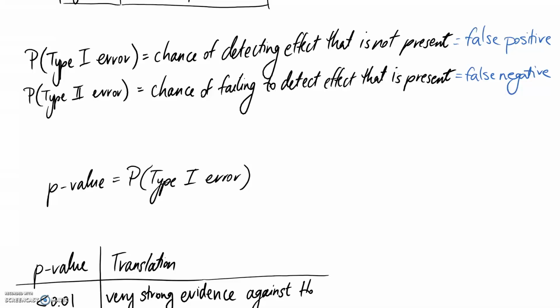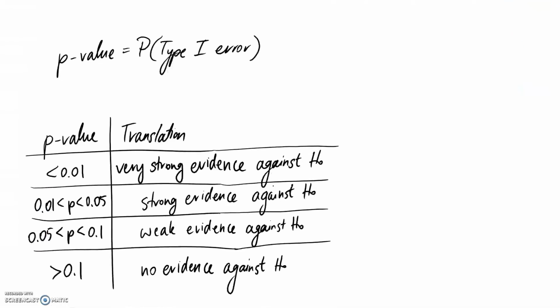So in the example of the person who's potentially murdered someone, the false positive result is that they've been found guilty of murder, but in actual fact they didn't do it. Okay, so that's what we're looking at when we calculate our p-value.